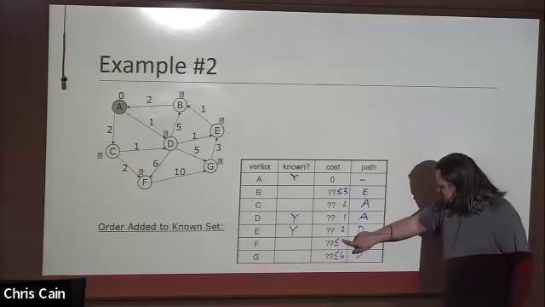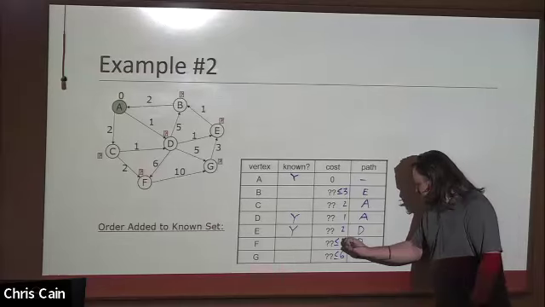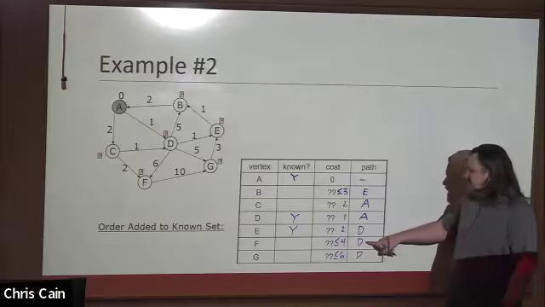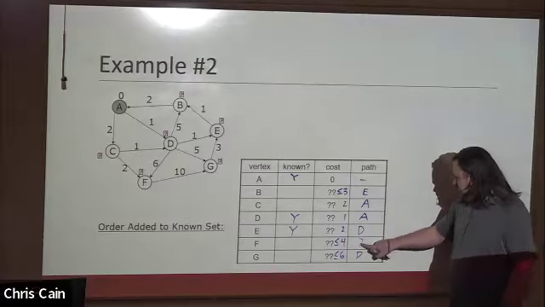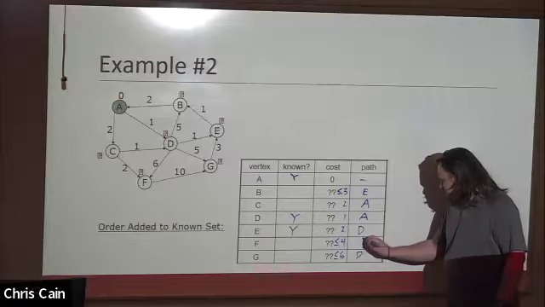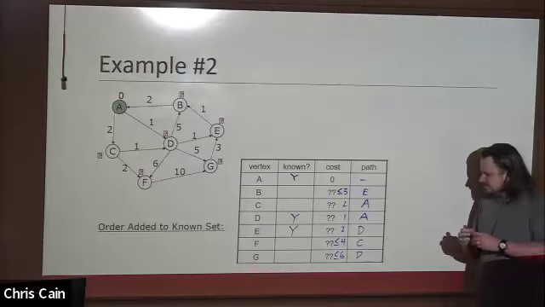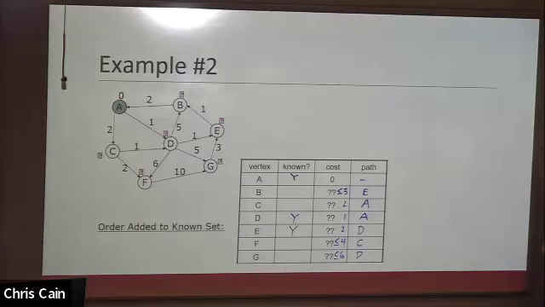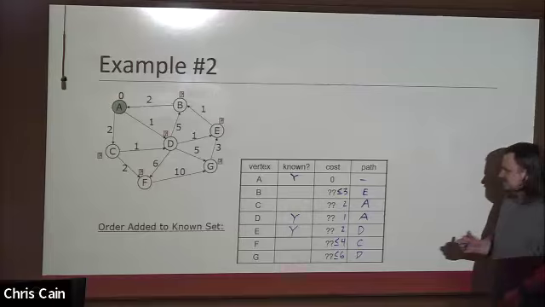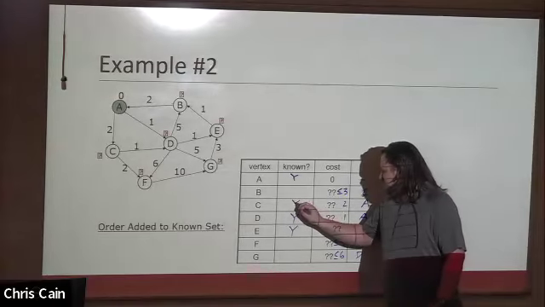So we're going to update this less than or equal to 7 to less than or equal to 4. And now instead of pathing back through D, we're pathing back through C. And now we visited C, so we can do that.